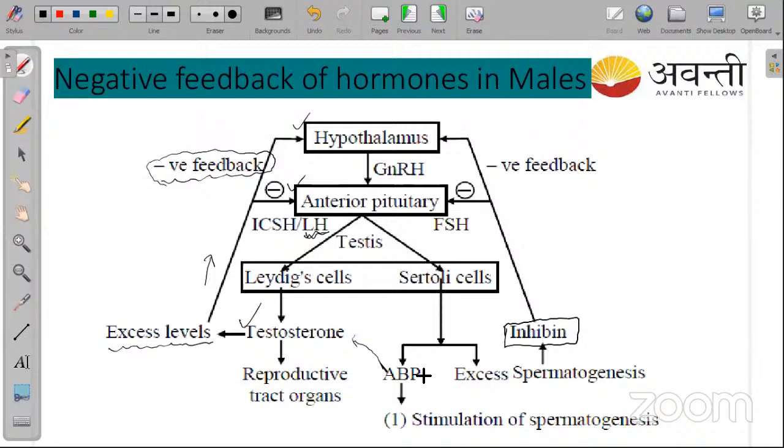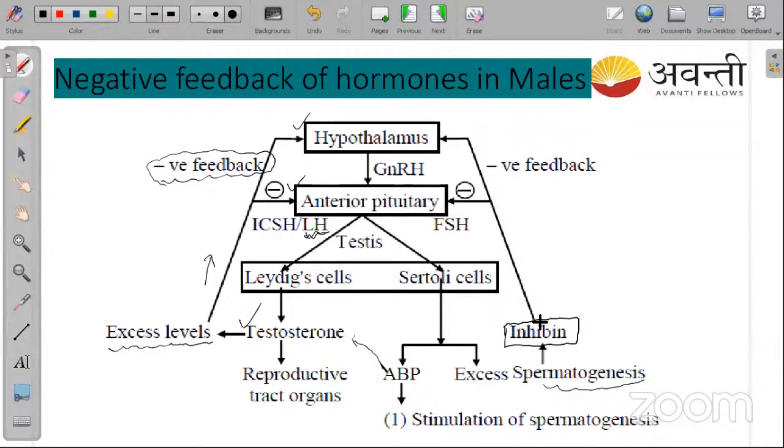Here ABP does not send a message toward the hypothalamus and anterior pituitary. Here inhibin sends a message, and this inhibin is produced when excess spermatogenesis happens. That means when there is the most spermatogenesis, at that time inhibin gets produced by the Sertoli cell.